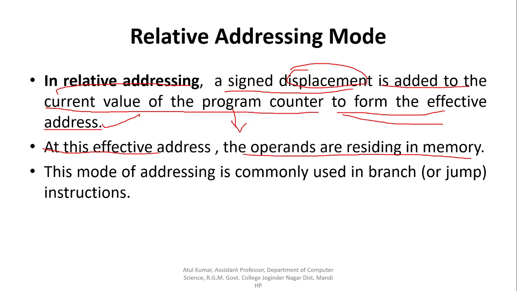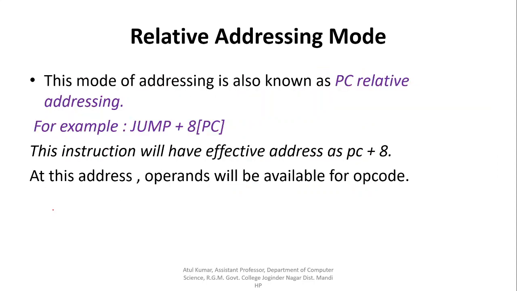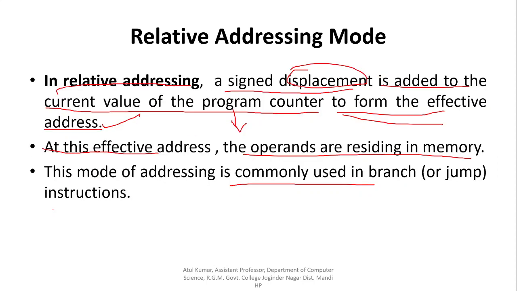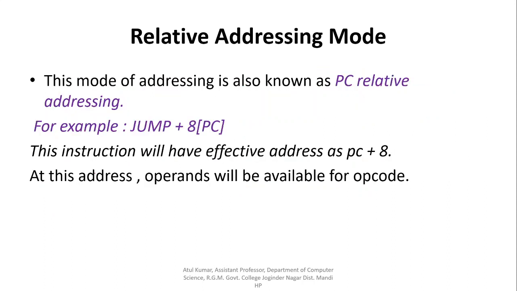So this mode of addressing is commonly used in branch or jump instructions, as we have discussed in some high level languages, where we have if-branch instructions or goto-branch instructions. These kinds of relative addressing modes are used in such branch instructions. We have an example, JUMP PC plus 8, where PC is the program counter.